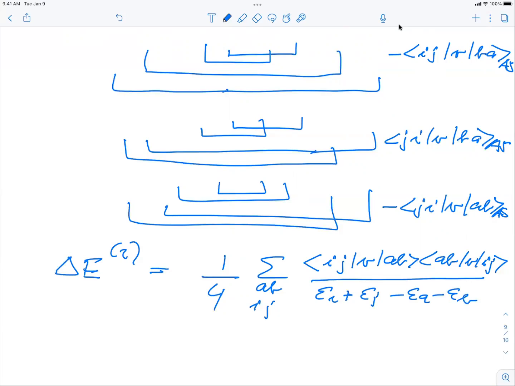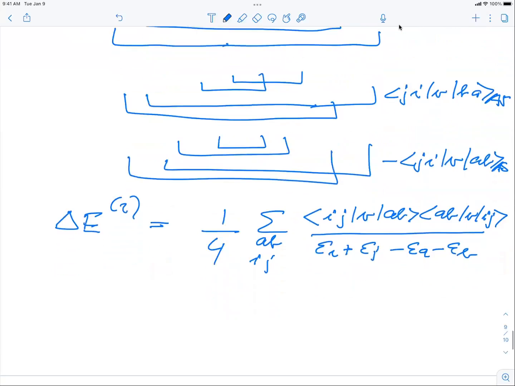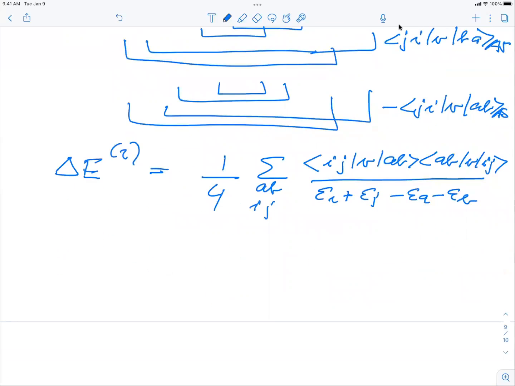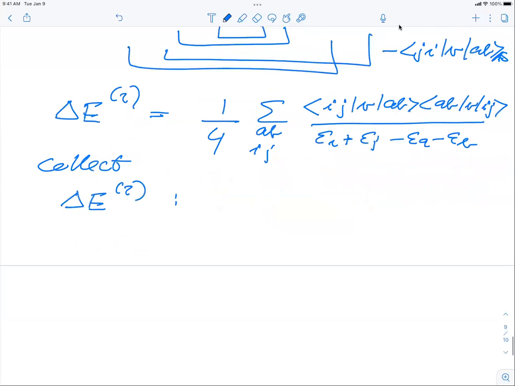Now let's take a look now at what we had earlier. So if we go to FCI theory, what we found now is the following. We found that this delta E, when we collect all the terms, we have the following contributions.